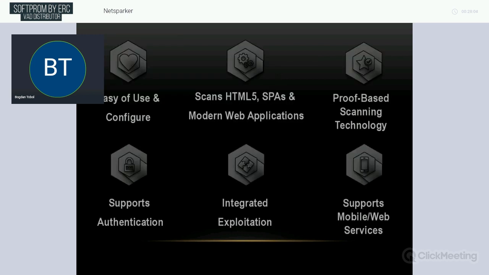So, summarizing our talk today, let me highlight just some points. Netsparker is an easy-to-use and easy-to-configure product. It scans all modern web applications, uses the unique proof-based scanning technology, supports many methods of authentication, integrated exploitation, has out-of-the-box integration, and supports mobile and any kind of web services.